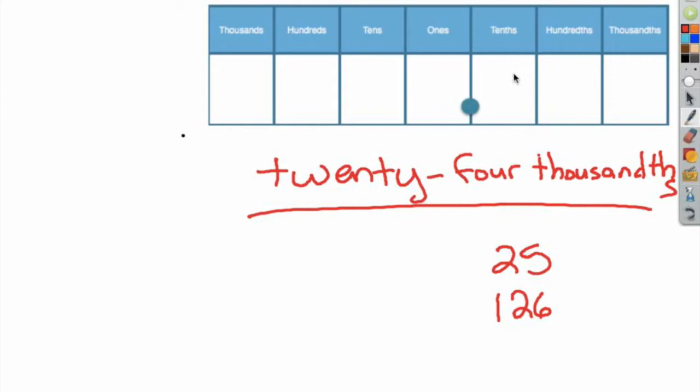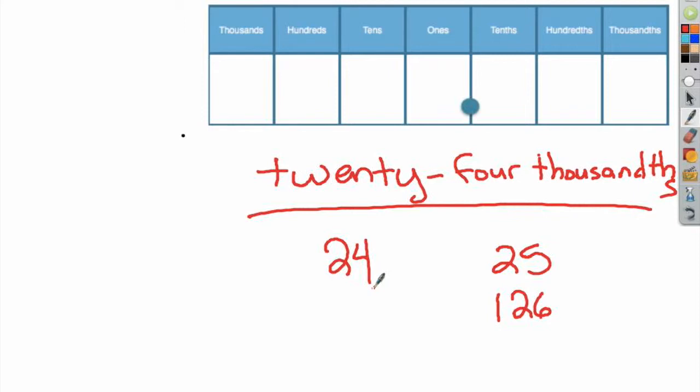24 thousandths. Well, if I have the number 24, what's the last number in the number 24? 4.